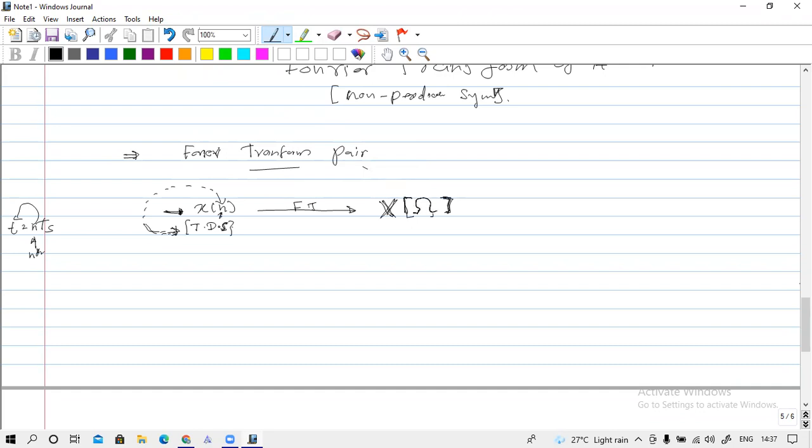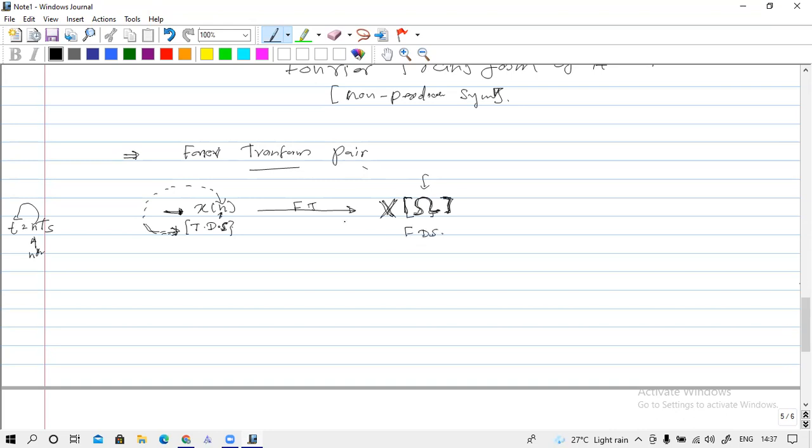Instead of simple omega, I have used the capital omega here to represent our discrete time signal. So this is the Fourier transform of this signal. If we have the x[n] signal and get the Fourier transform, we will have a frequency domain signal.